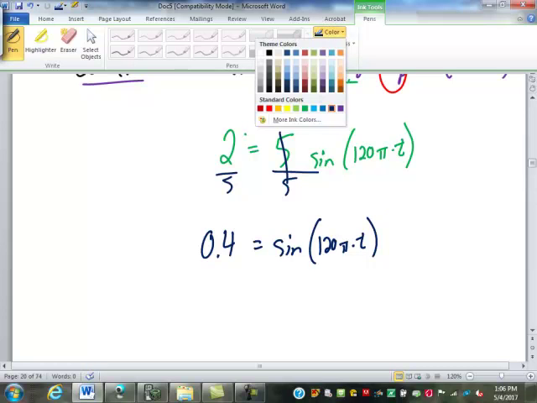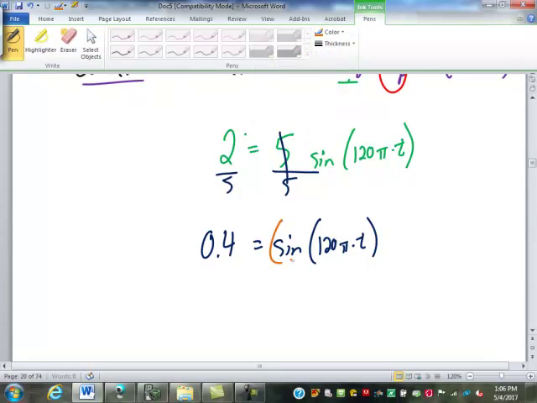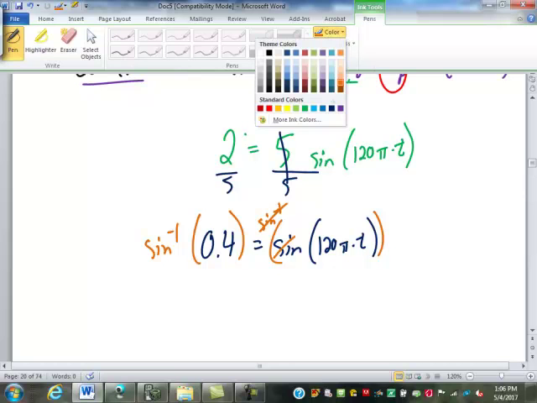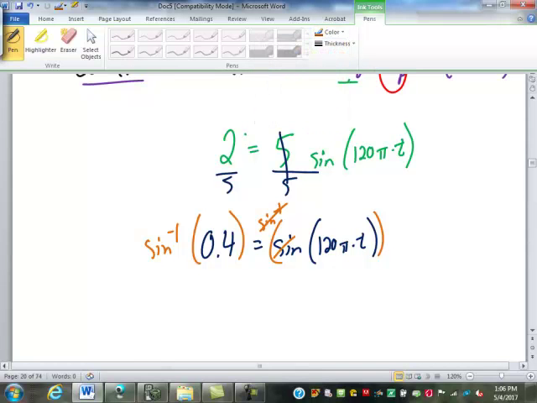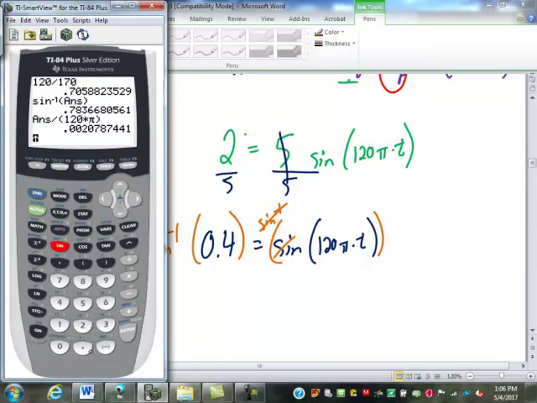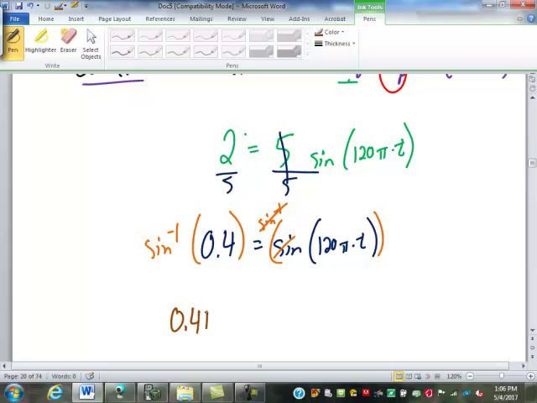Then what? Inverse sine. Cancels out the sine. So we're doing an inverse sine of 0.4. This is going to give us 0.4115. Over here, the sine and inverse sine cancel out. That's just 120 pi times t.